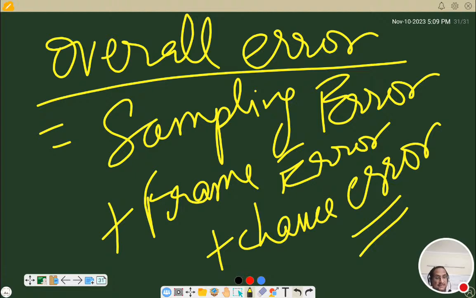Sampling error, the error between a sample and the population. Frame error because of the faulty definition of the frame.